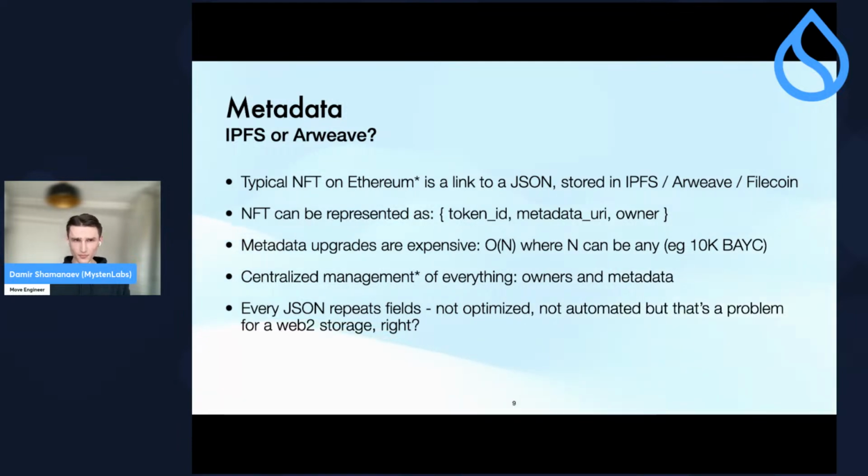So starting with the typical approach to metadata on other chains. Usually you have a hash map, basically a map where you store the token ID and owner, maybe a reverse. And usually you would have a token ID mapped to a metadata URI or some link, or some address of IPFS or Arweave, or maybe a typical Web2 one, but usually you want to have an immutable link to the metadata.